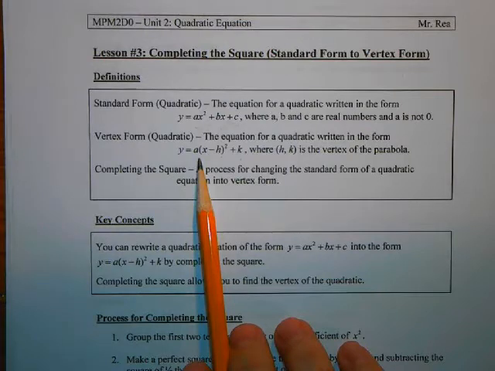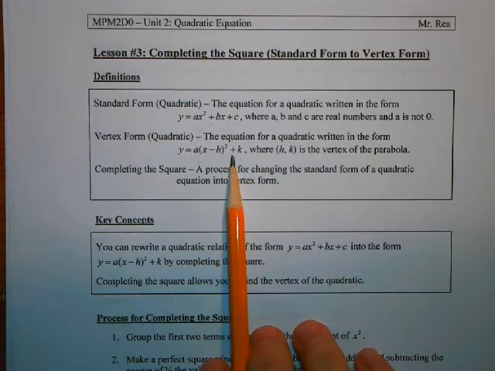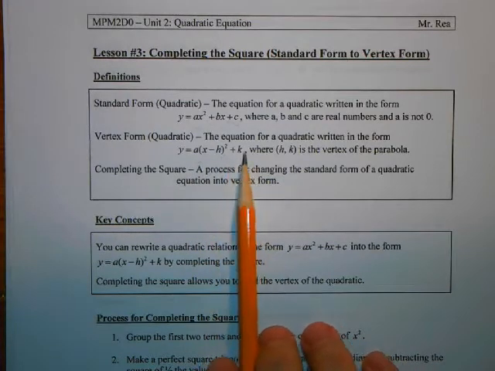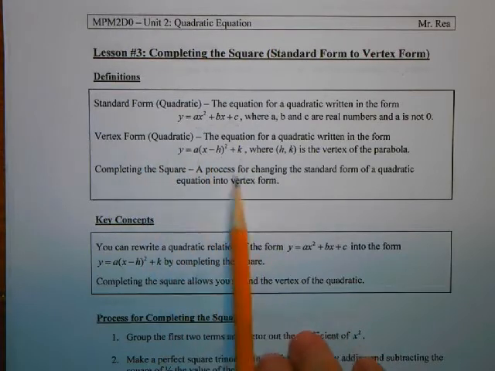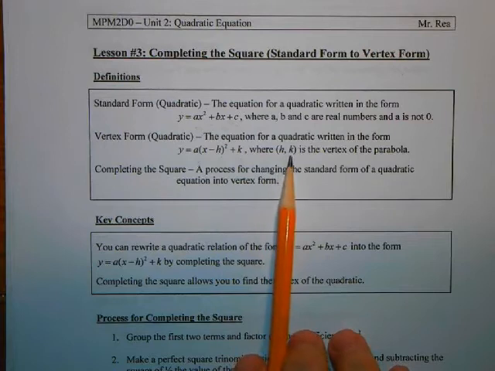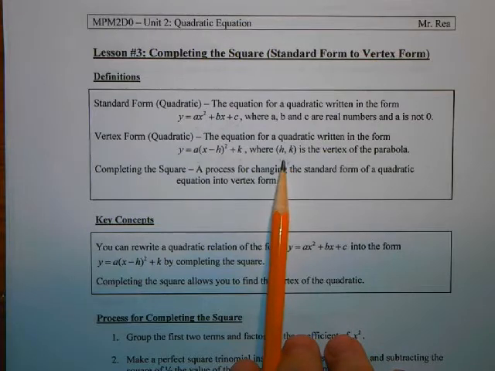It stretches, compresses, and reflects. So a changes the shape, h and k just move the shape around the graph. The reason we call it vertex form is because if you put h, k as a point, (h, k) is the vertex. And the vertex is probably the most important point on a parabola.